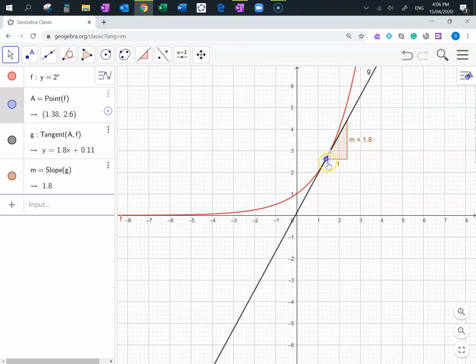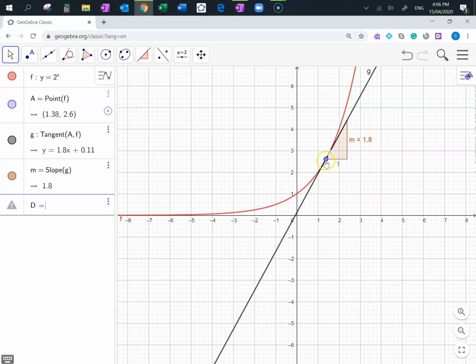Now, I'm going to find a new function, and that new function I'm going to call the gradient function. To do that, I'm going to make a second point. I'm going to call this second point over here D, for the derivative, because that's what the gradient function is. It's the derivative.